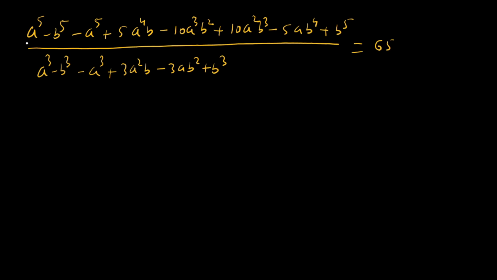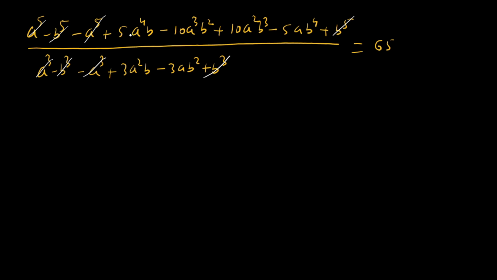Here this a^5 is positive and this a^5 is negative, so they cancel out. b^5 is negative and this b^5 is positive, so they cancel out. Here a^3 and minus a^3 cancel out, and minus b^3 and b^3 cancel out.